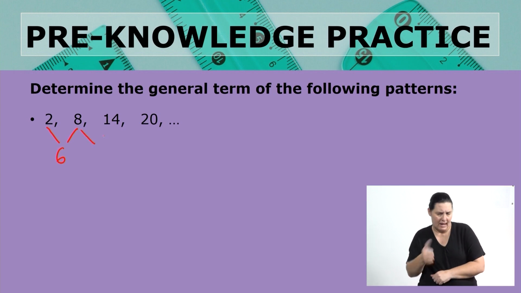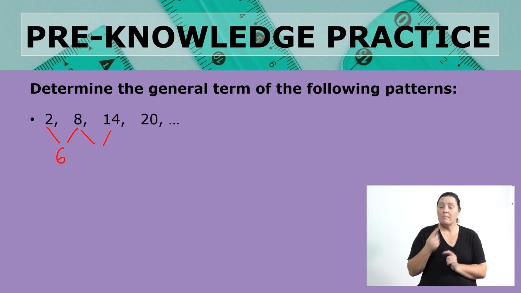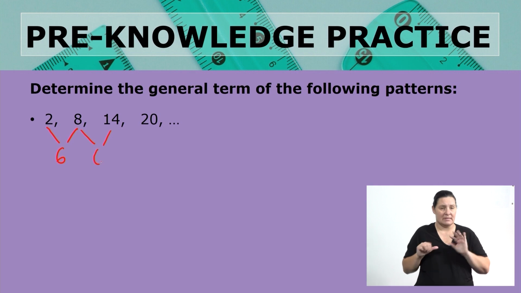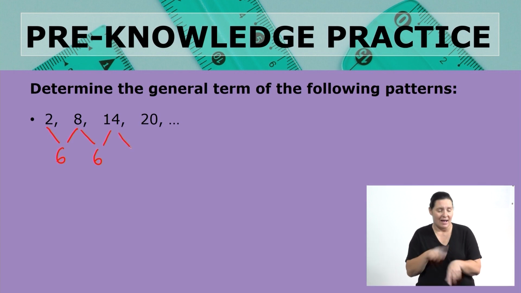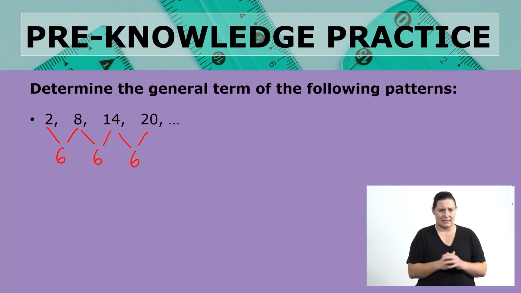I do the same thing for the next numbers, which is going to be my third term minus my second term, and when I say 14 minus 8, that also gives me a 6. And again, my fourth term minus my third term, that is going to be 20 minus 14, and that gives me 6. So as we can see, the difference here between these numbers is 6. And because it is the same number, we call this a constant difference.